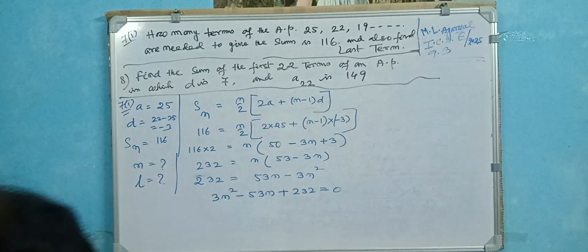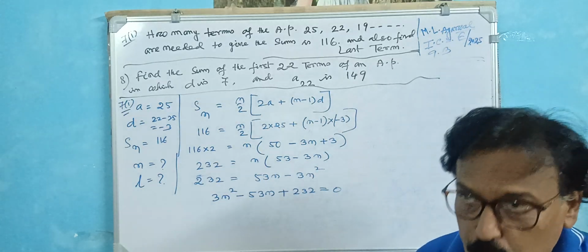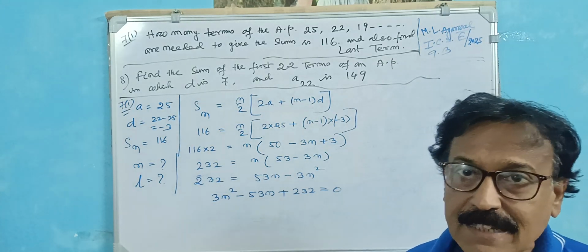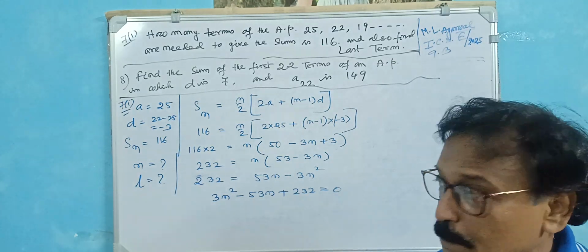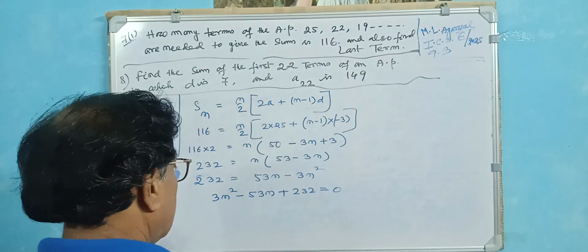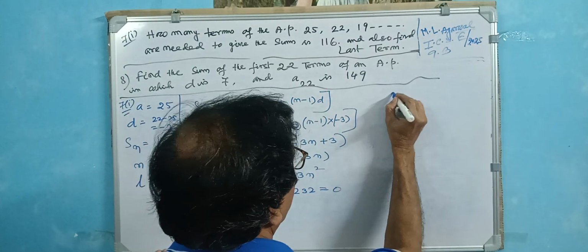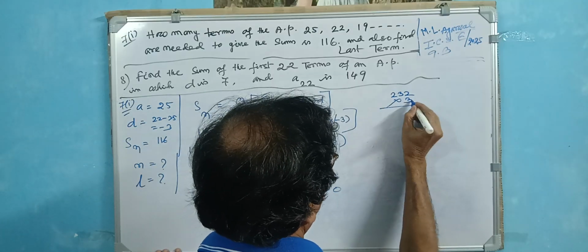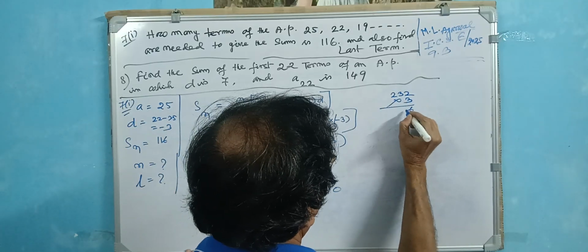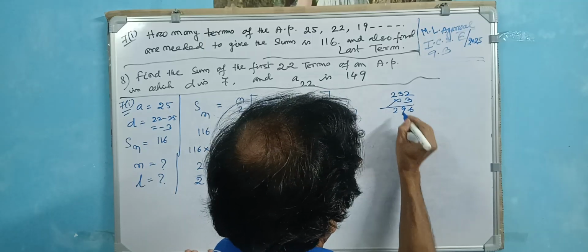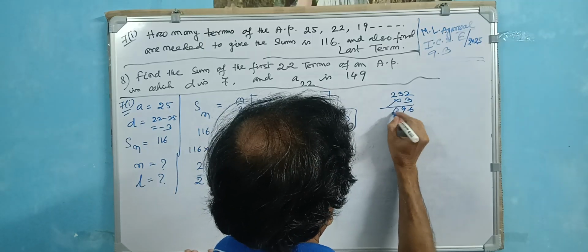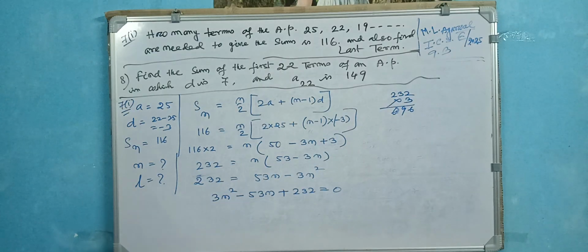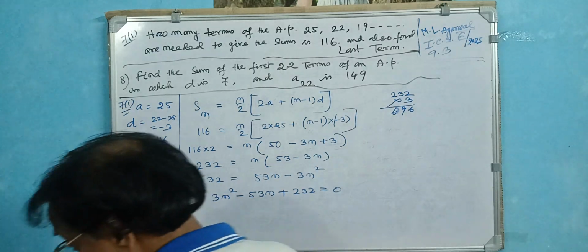The two numbers are always less than 53, and if you add them, you get 53. So this is the determination. 232 into 3 is 696.